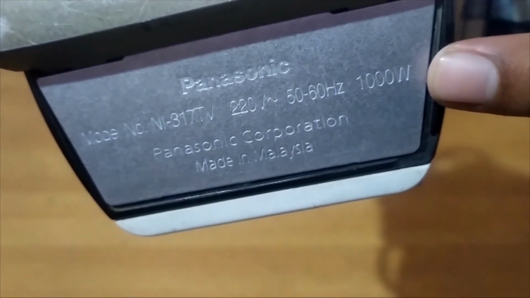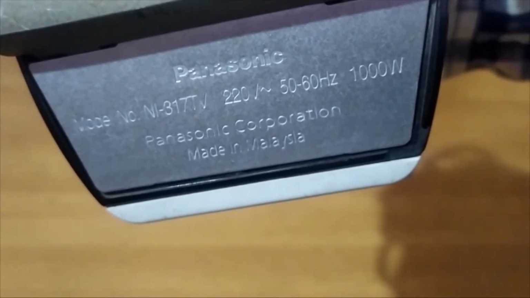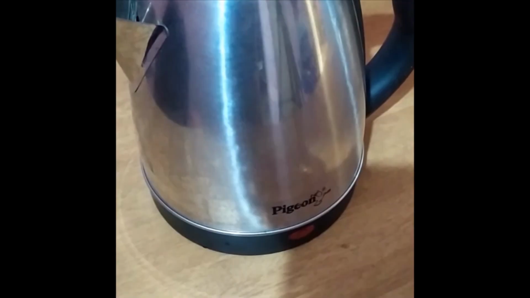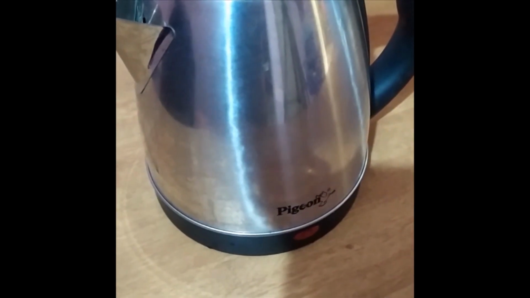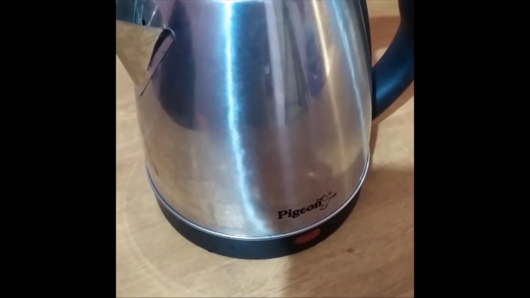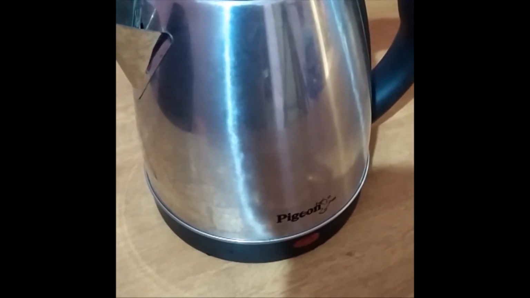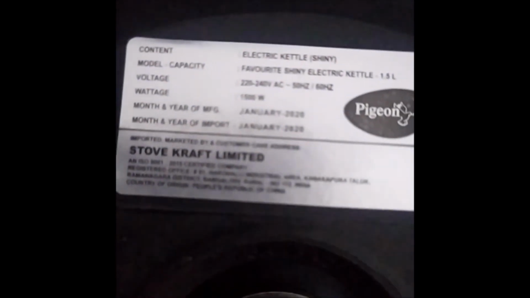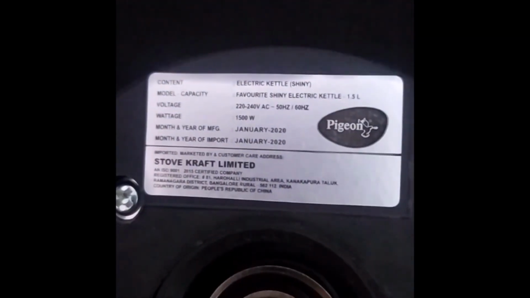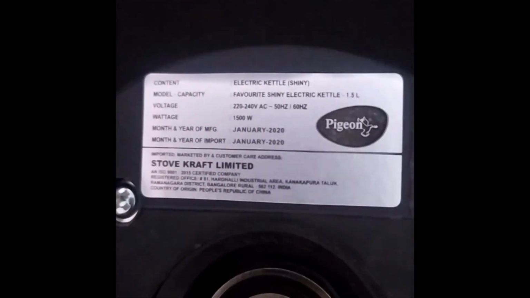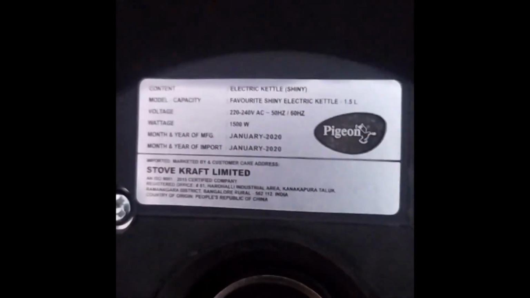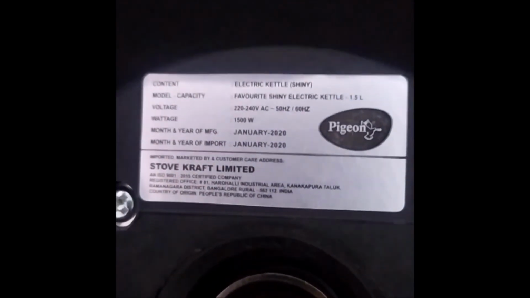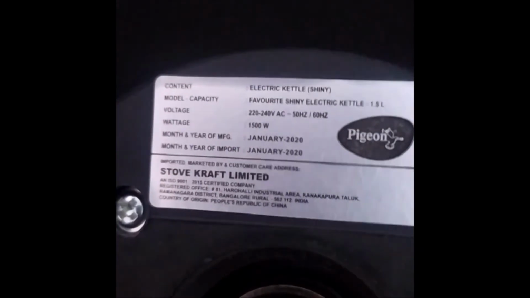So in all appliances you should observe that the amount of electrical energy used is written on it. This electrical kettle has an electrical power of, as you can see, 1500 watt. That means in 1 second it is using 1500 joules of electrical energy.